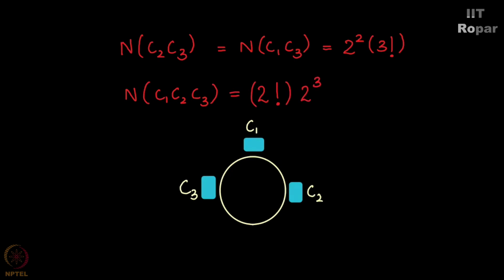So n of C1, C2, C3 happens to be 2 factorial into 2 cube. And now we are done with whatever we wanted to find out. What is the final answer? So n of C1 bar, C2 bar, C3 bar happens to be S0 minus S1 plus S2 minus S3. This was the formula which we have learnt.